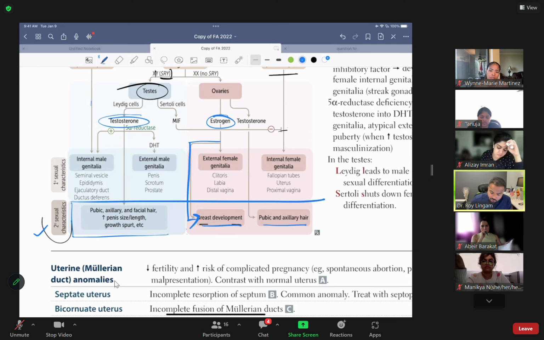Now I could ask you another question. If a patient has a Leydig cell problem, let's say a male with a defect in Leydig cells, can they get secondary sexual characteristics? They cannot, because there's no testosterone. Is that clear, folks? There's no testosterone, but they will develop the secondary sexual characteristics after puberty. Why is that?